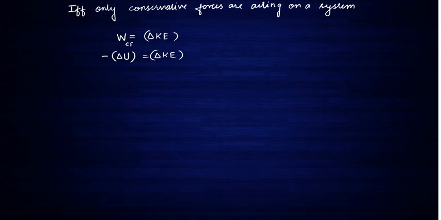So let us see what happens now. This is minus of change in U. Change in any quantity is final quantity minus initial quantity. So this is minus (Uf minus Ui), which is equal to delta KE, so this is Kf minus Ki.